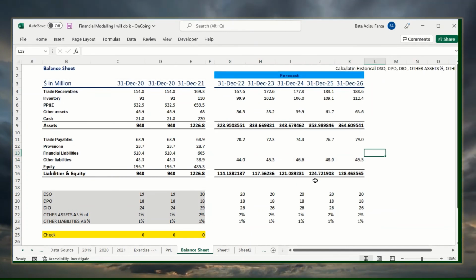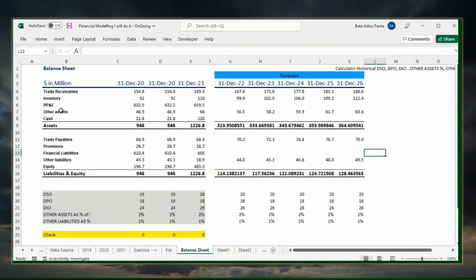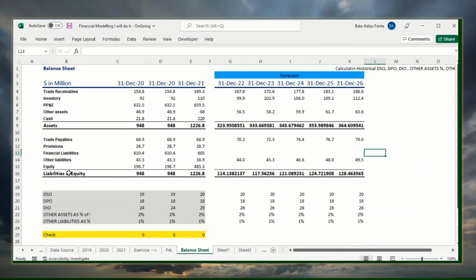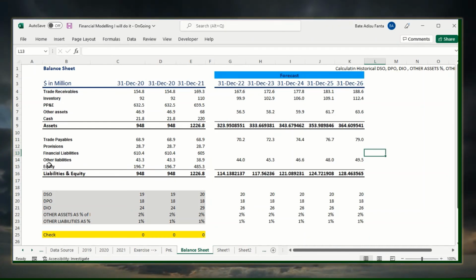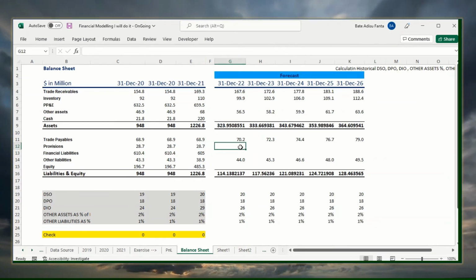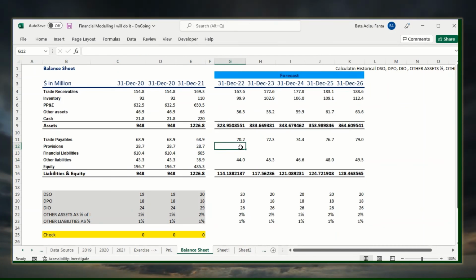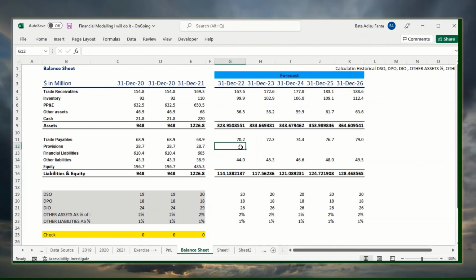So by now we are filling our projected or forecasted balance sheet. We are left with PPE, cash, provisions, financial liabilities, and equity. These are going to be done separately in the upcoming videos, financial liabilities also, but we can assume that the provisions a company sets aside for unexpected events or incidents remain the same.